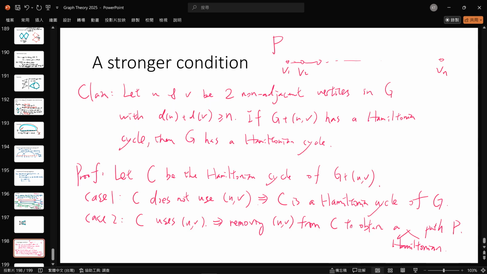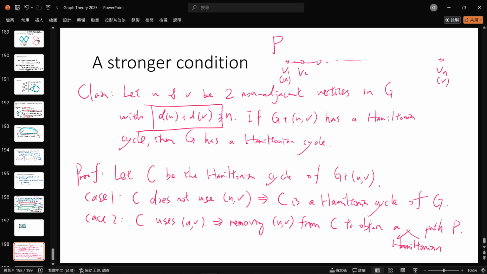So this is u, and this is v, because we break this cycle by removing the edge between u and v. So these two endpoints will be u and v, and their degree sum is large, at least n. So we can find a pair of crossing edges.